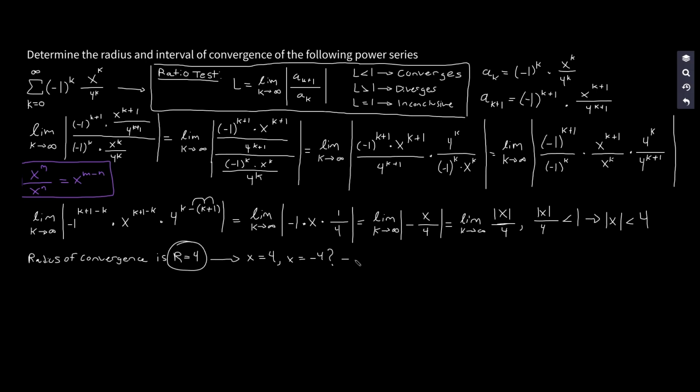We're going to test x equals 4 first. It doesn't matter which one we start with. So we'll substitute 4 for x into our series. And well, that's going to look like this.